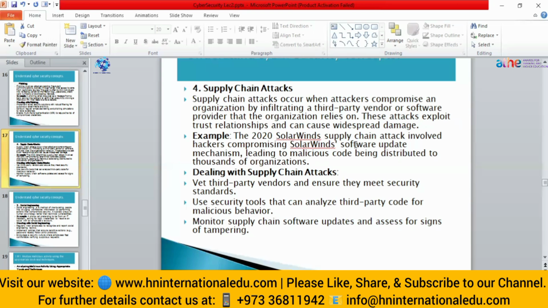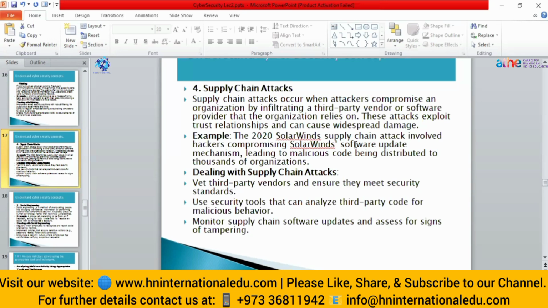And through that, like SolarWinds software, I told you that the vendor was not aware of the vulnerabilities present in SolarWinds. So through the update mechanism, the hacker tried to add malicious code in the software. Thousands of computers were using the SolarWinds software.